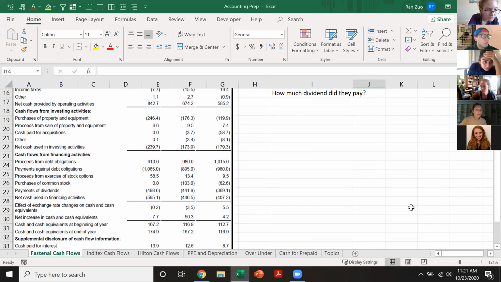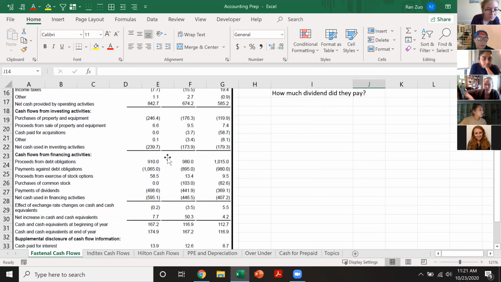Yes, it is, but specifically on the cash flow statement, is it cash flow from operations, investing, or financing? Financing? Yep, it's financing. All right. So how much money do they borrow? 910. Yep, very good. It's right here.